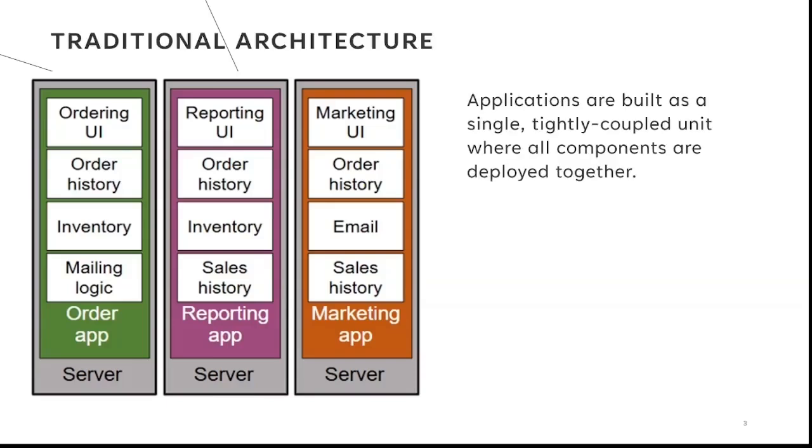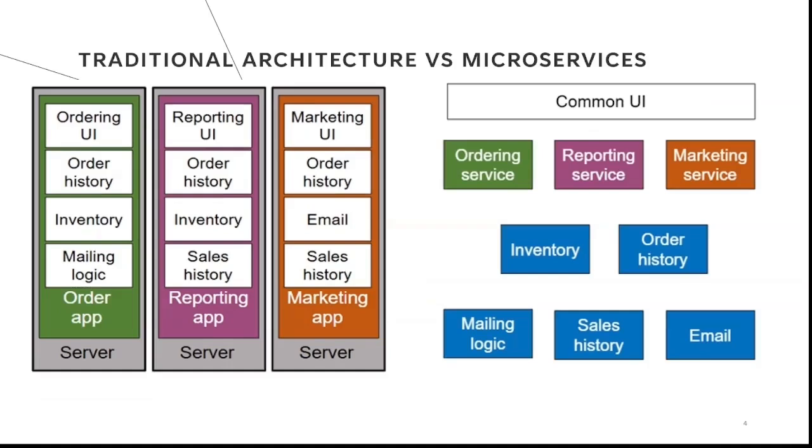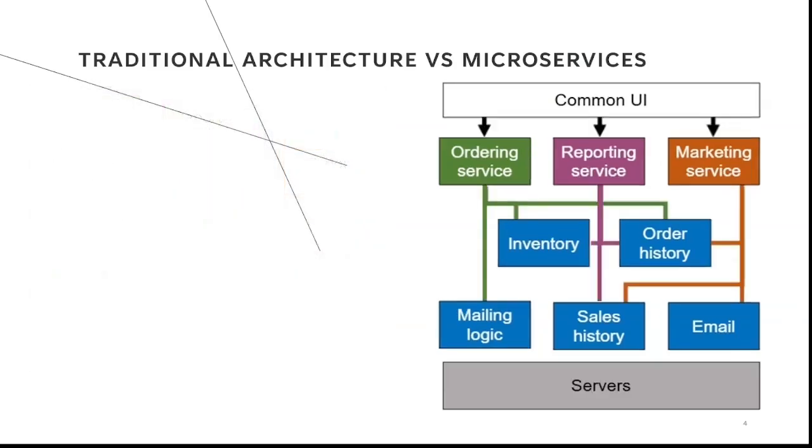Again, as we compare this to microservices architecture, as you can see, applications are being broken into smaller independent services that communicate via API, and each component can be deployed individually.